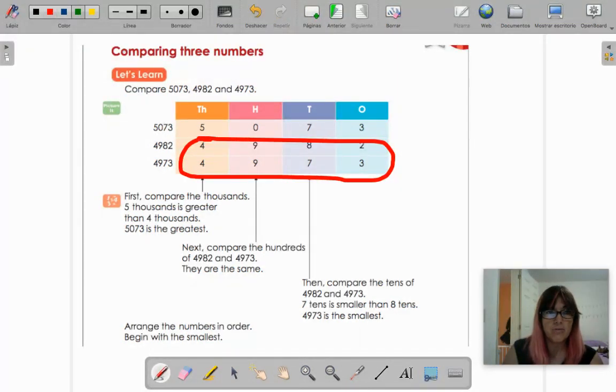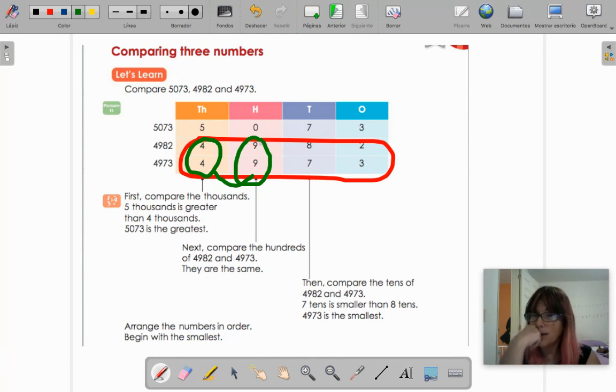Let me change color. So now we know these two are the same. So that's not helping me. Now let's go to the next place. These two are also the same. So what do we do? Exactly, we go to the next place.